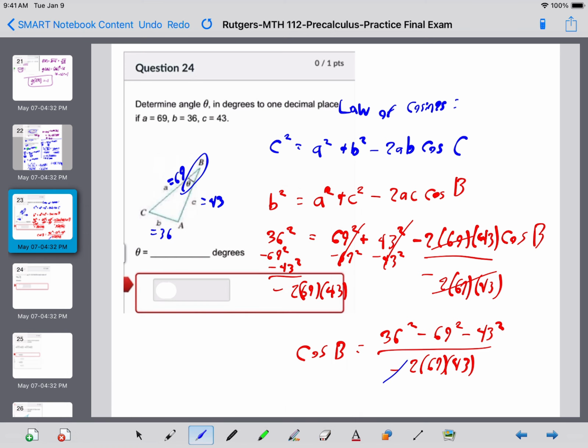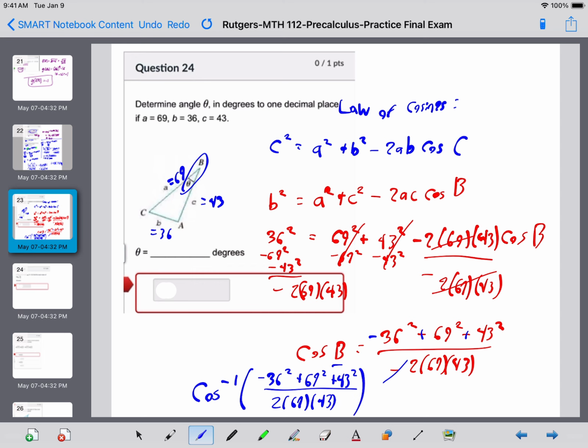So make this negative, make this positive, make this positive. And then, if I want to solve for b, I just do the inverse. So inverse cosine, or arc cosine, of negative 36 squared plus 69 squared plus 43 squared over 2 times 69 times 43. Put that in your calculator.